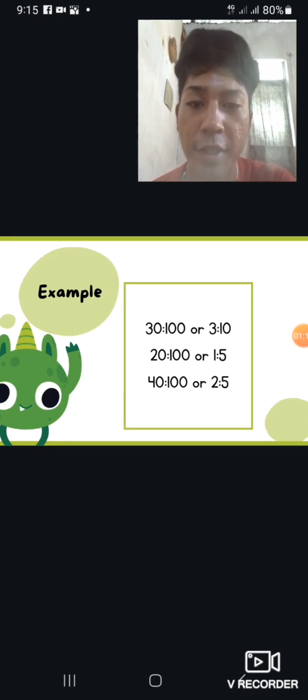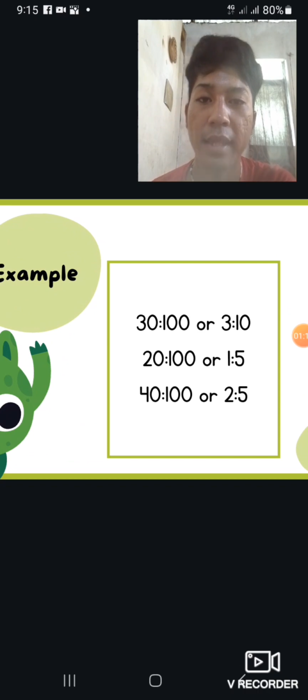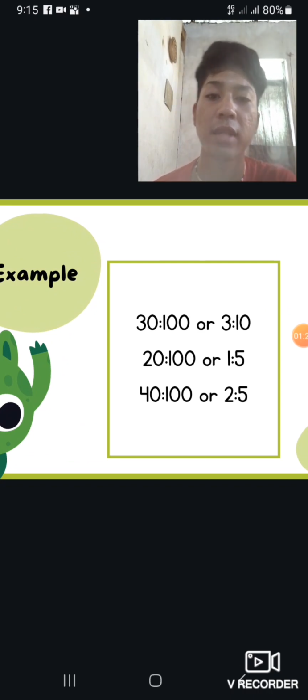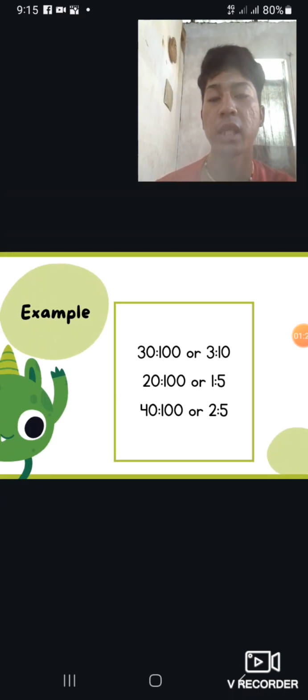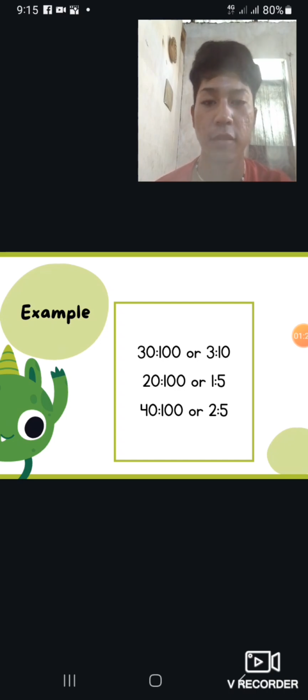So we have 30 to 100, or 3 to 10, because we expressed it in simplest form by dividing by 10. So 3 to 10 is the simplest form.